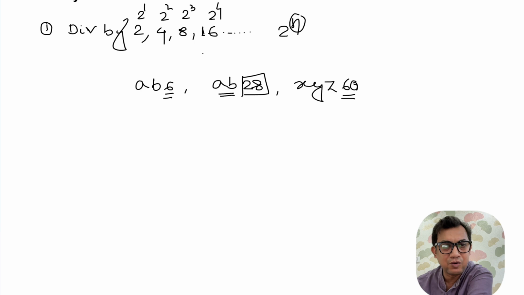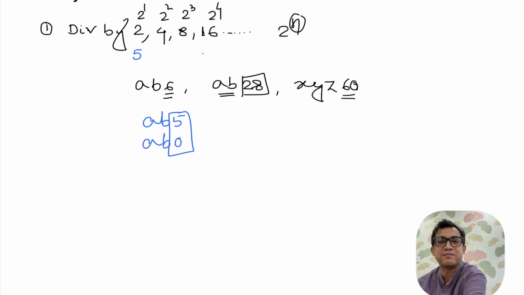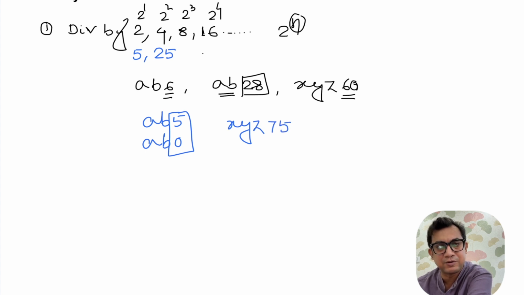Because if I ask, what is the divisibility rule of 5? What do you say? Any number that ends with 5 or 0. That means the last digit is divisible by 5. Now, what is the divisibility rule of 25? I'm going to check the last two digits, like XYZ, whatever. If the last two digits are 75, 75 is divisible by 25, so the entire number will be divisible.